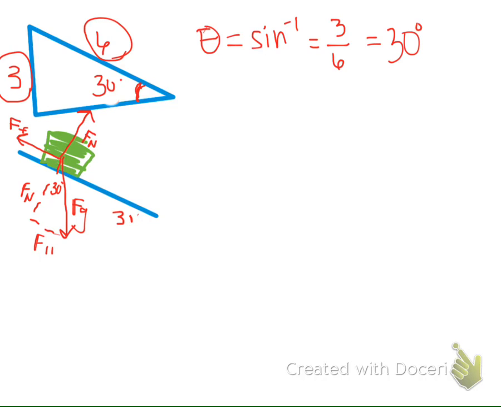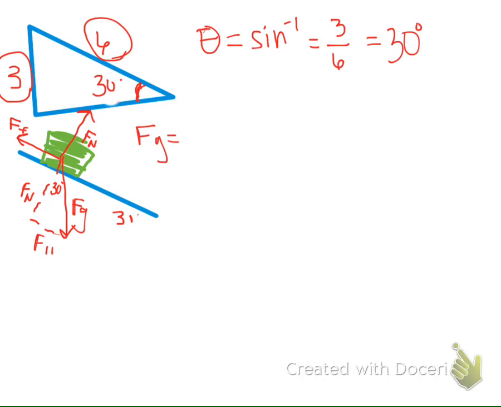So we want to solve for the coefficient of friction. You tell me how you want to start. There's many different ways you could go about solving this. Find F of G. Good. F of G, what is it? We're not given a mass this time.